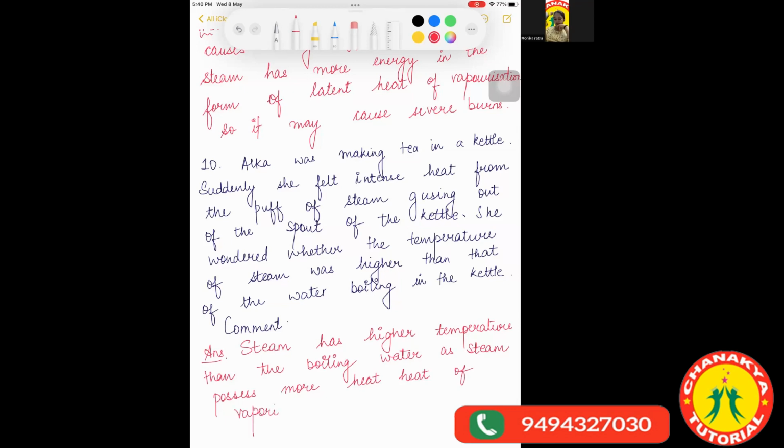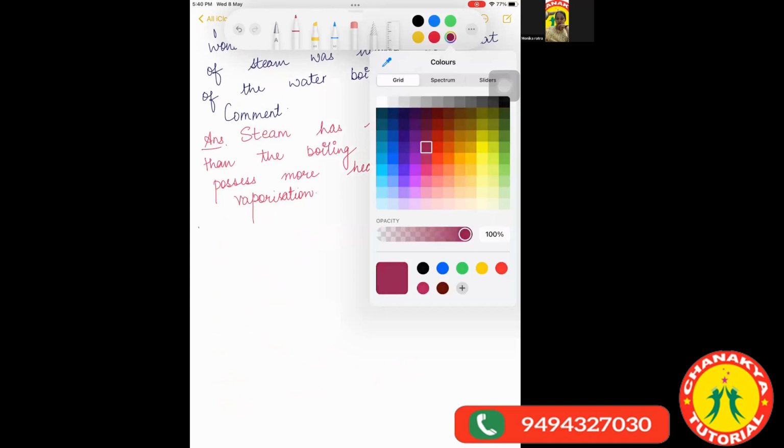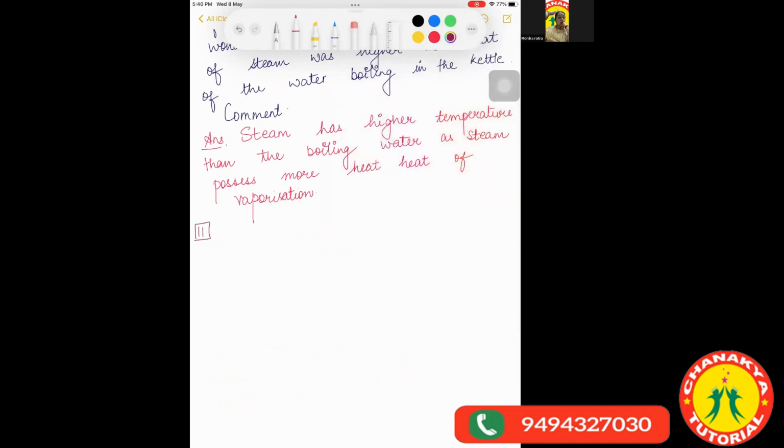Next question. Name the process associated with each of the following conversions.